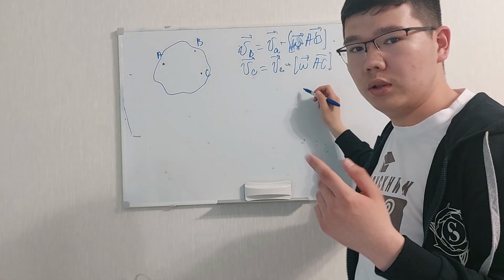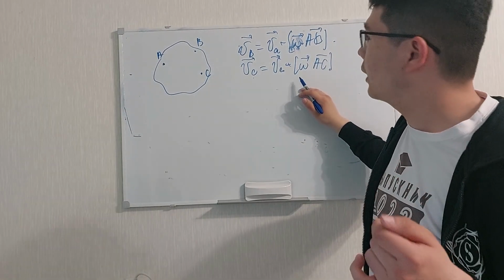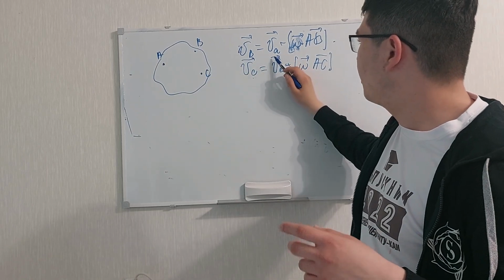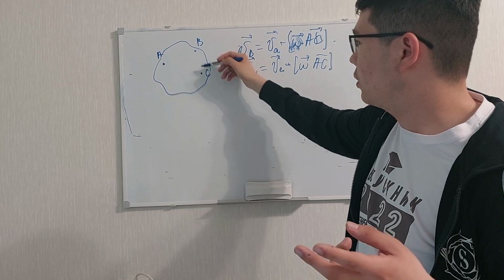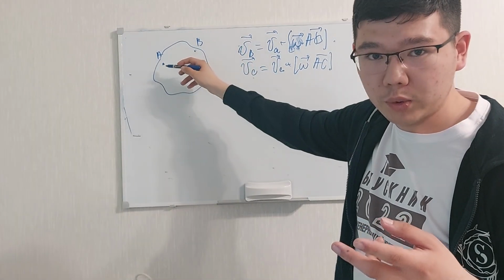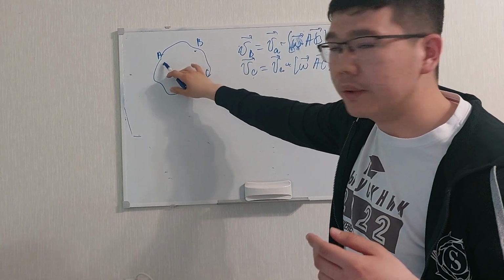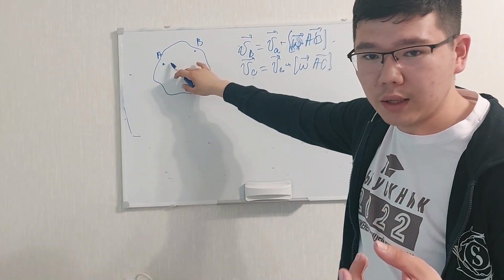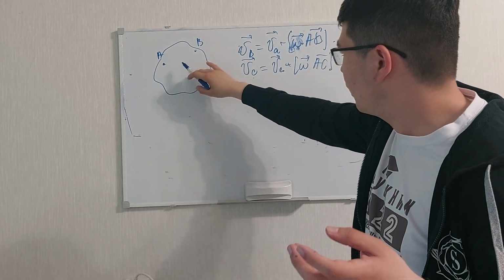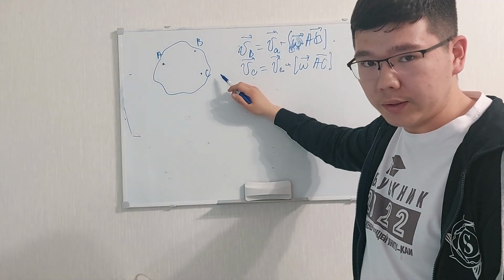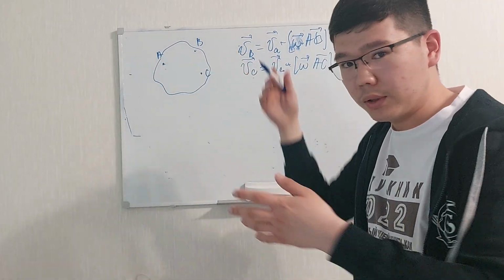You may have the question why omega here and here are the same, but in fact it's connected to the fact that I'm trying to find the connection of velocities of the two dots with this very dot, and how they rotate relatively to the dot A is the same. The angular velocity for both of them relatively to A dot is the same.